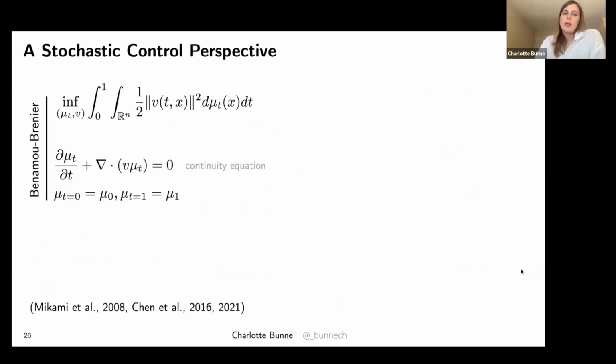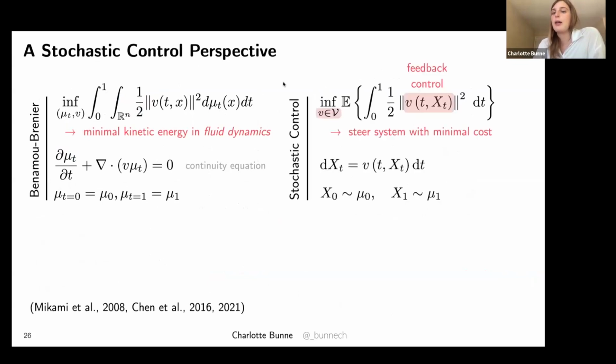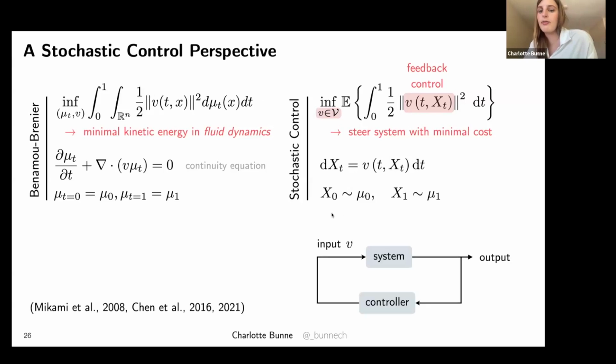What is interesting though is that we don't need to stop here. So this was the Benamou-Brenier principle, right? We can also look at this from a stochastic control or from a control perspective. So here it was the minimum kinetic energy in fluid dynamics, but much more popular, this is a very popular formulation that also always appears in control. And now instead of having this vector field, I'm looking at my feedback control. So given a closed loop system with some input control and output, which I want to feed back into the system, I'm now looking at how to steer the system with a minimum cost.